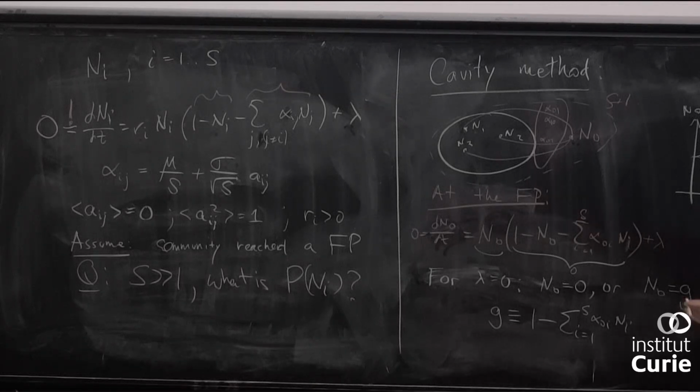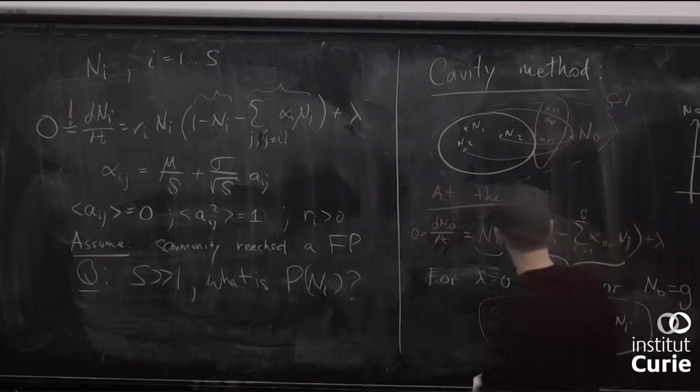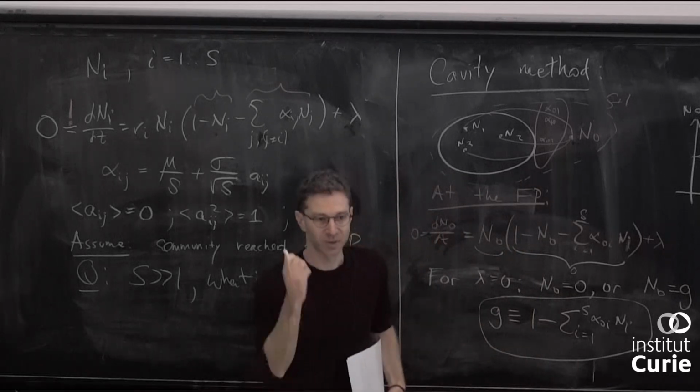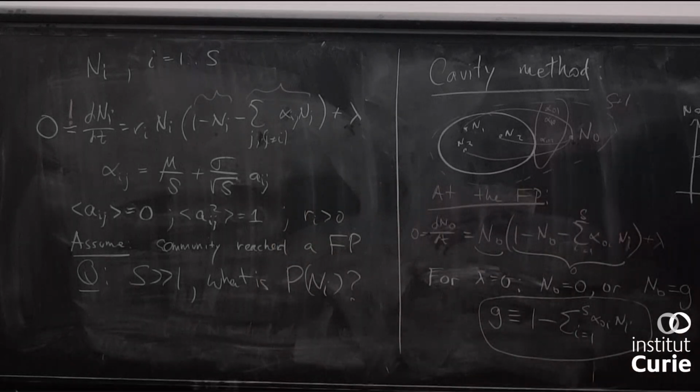If g is negative, then n0 cannot be negative. These are abundances, they're numbers of individuals, so it can't be negative. That rules out that solution, and you're only left with n0 equal to 0. So if g is smaller than 0, n0 is equal to 0. Actually, because there's this little lambda here, n0 is a bit above, but it's still small.